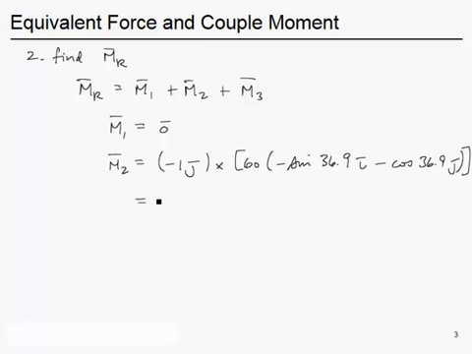So M2 turns out to equal minus 36 in the k direction, has units of pound inches. Okay, so the j crossed with the j goes away.